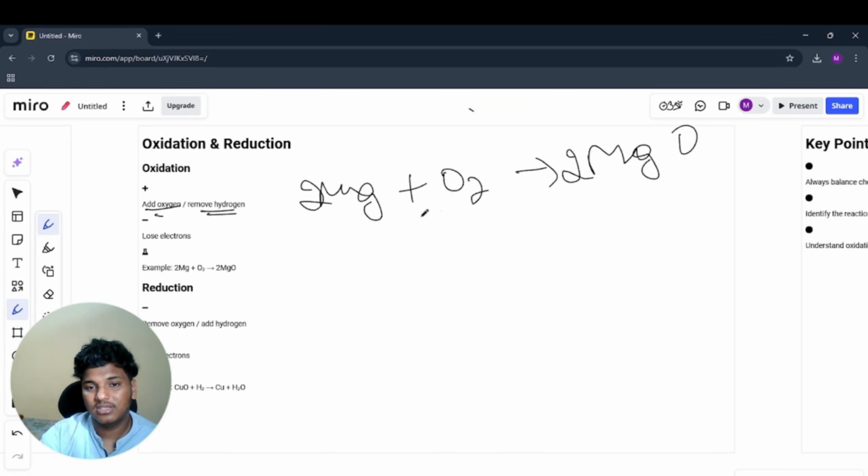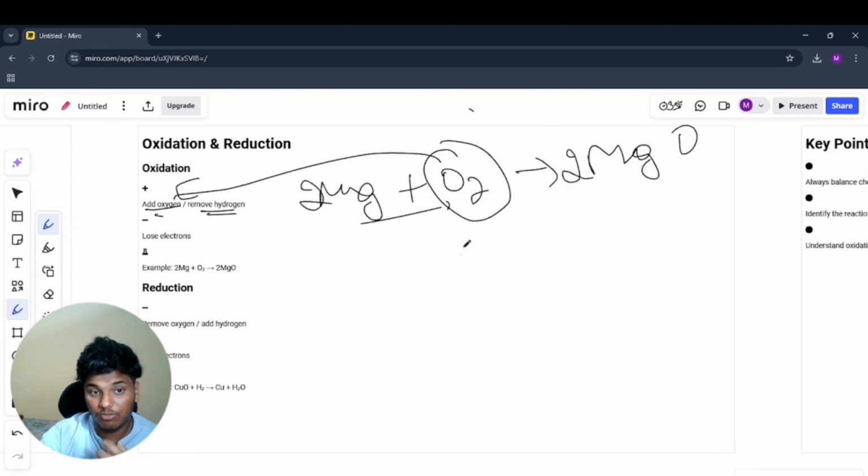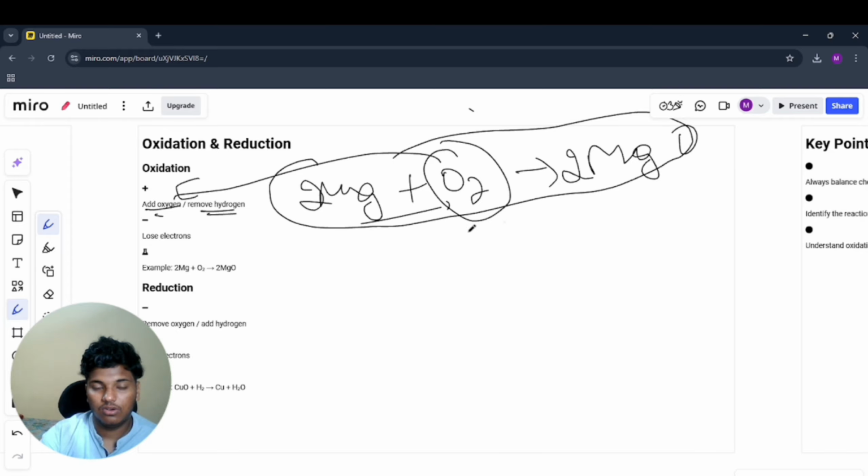As you can see here, we are adding oxygen. That is known as oxidation. If we are removing hydrogen, that is also known as oxidation. So this is an example where we are adding oxygen.